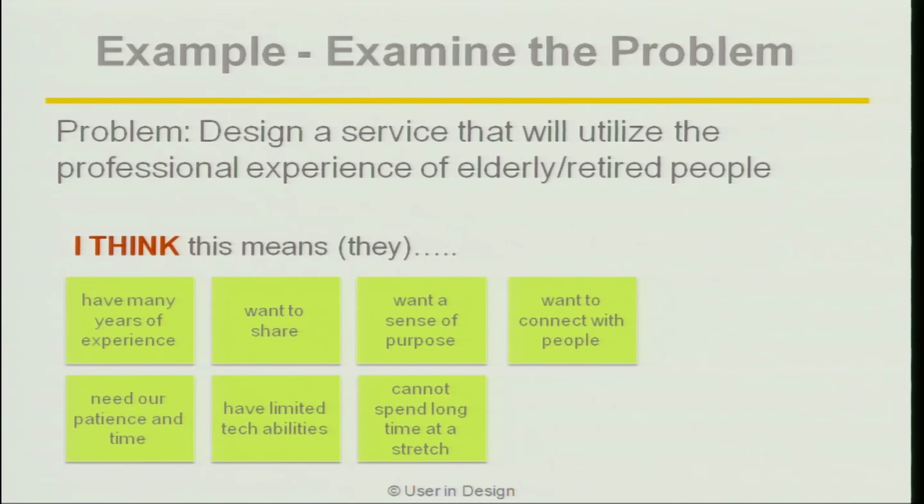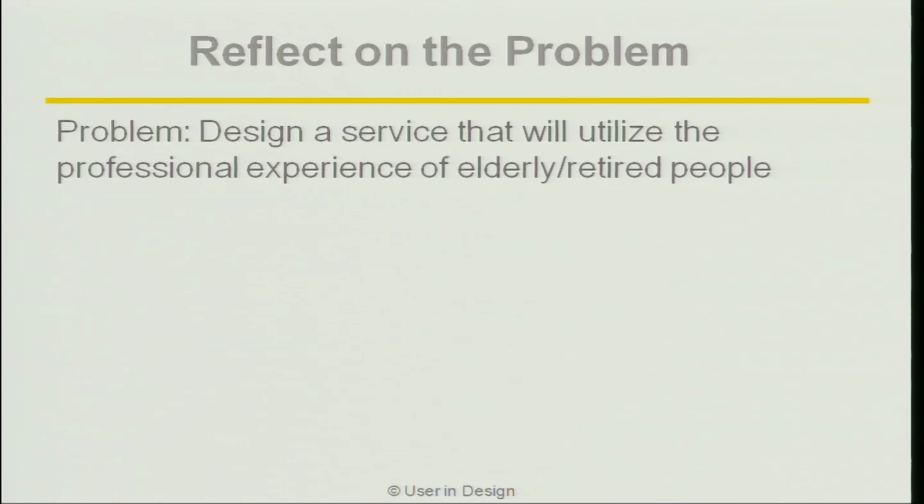They perhaps cannot spend a long time at a stretch doing whatever task it is, given their advancement in years. Maybe they want to learn new skills, possible. So these are the different things that we sit down and try and think about of the problem, right?